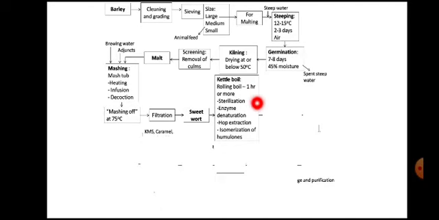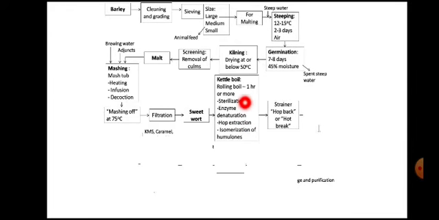The desirable things that are supposed to happen during this kettle boil process are sterilization, enzyme denaturation, hop extraction, and isomerization of humulons. Then this will go to strainer because during this kettle boil process there is addition of flowers.